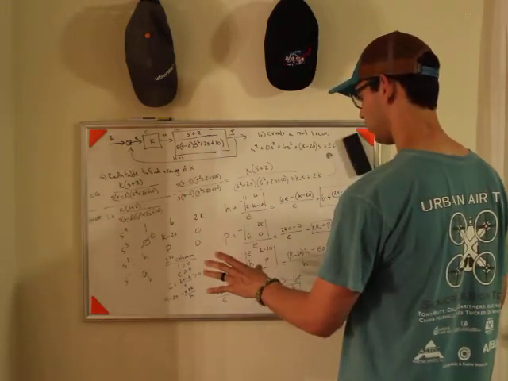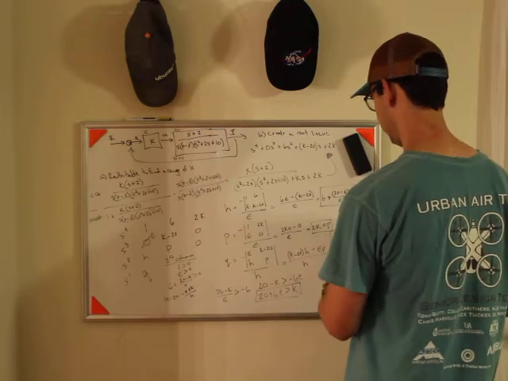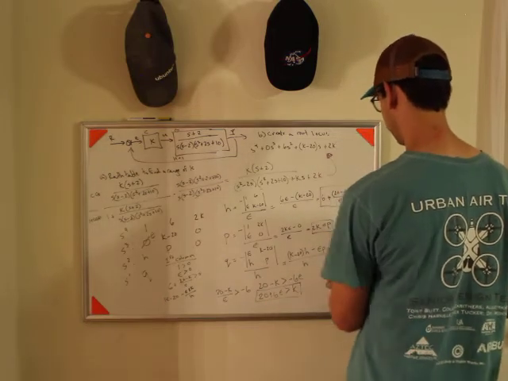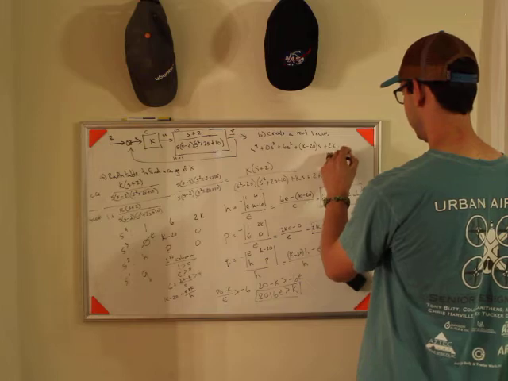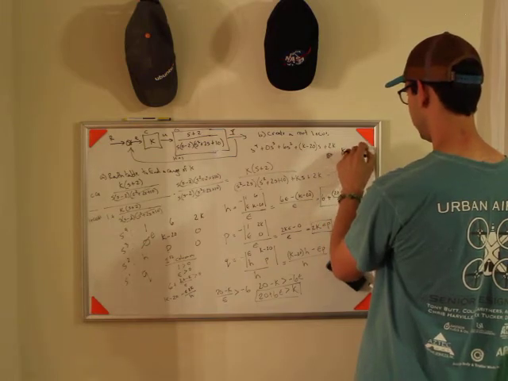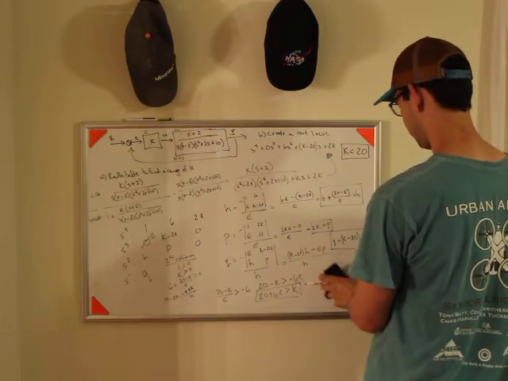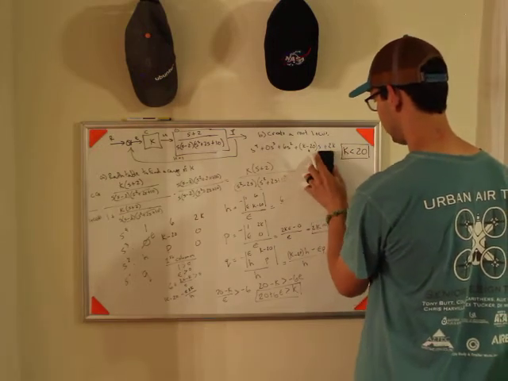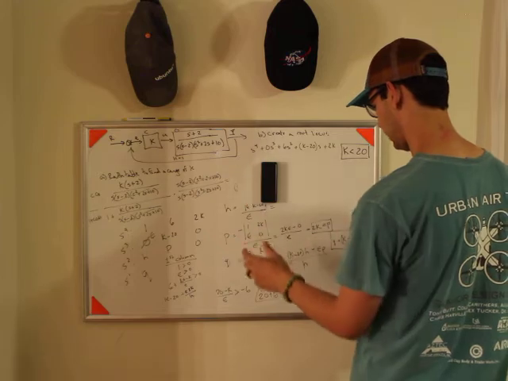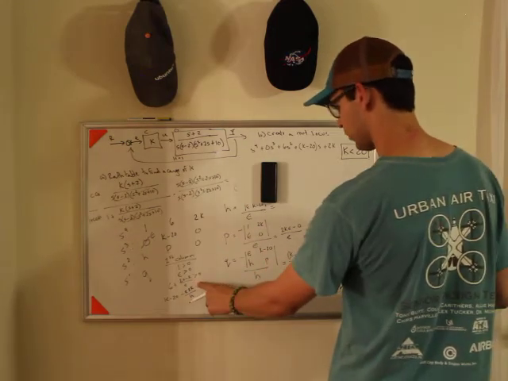Okay, so let's look at Q. I already have this board here, so I already have this here. K is less than 20, so I'm going to write that over here. K is less than 20, okay? And then I'm going to rewrite Q. Oh shoot, I erased H. I need H. H is right here.